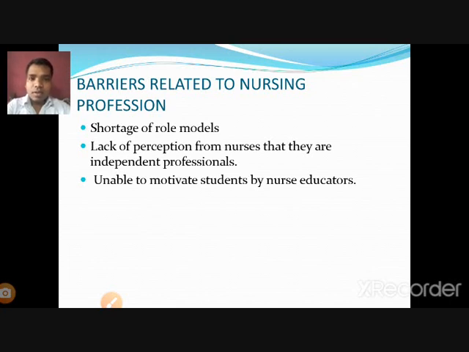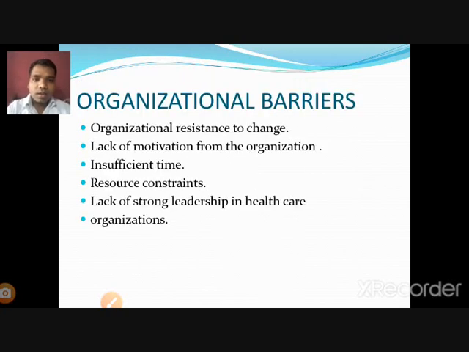Lack of perception means if nurses do not have any perception or goal in mind, they will be unable to study research. Unable to motivate students by nurse educators: if the nurse educators are not motivating the students or nursing professionals, it will become a barrier. Next we see organizational barrier.